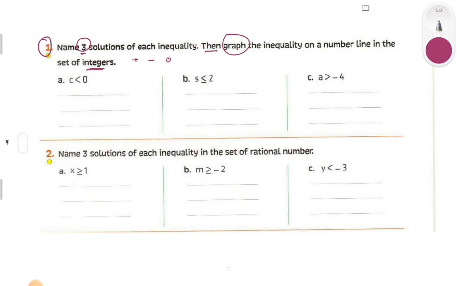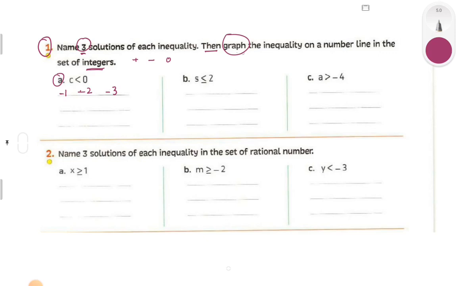Point A, x less than 0. What's the number less than 0 in the integer set? Negative 1, negative 2, negative 3. So I have 3 solutions.